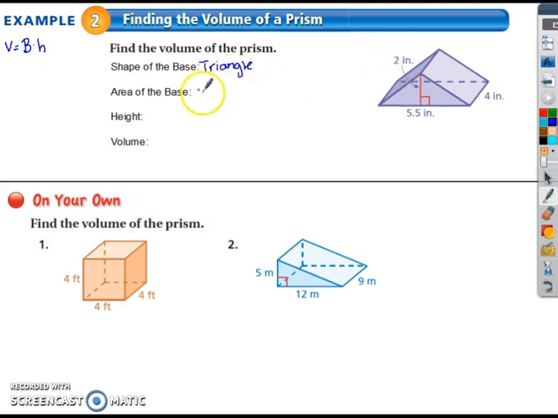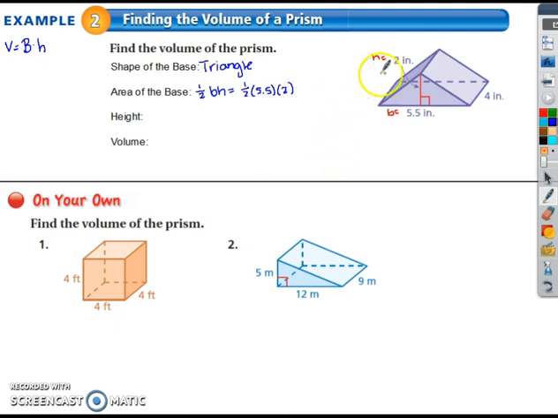Now the area of this base, area of a triangle, is 1/2 the base times the height. The base and the height of a triangle meet at a 90-degree angle. Here's my 90-degree angle. So that means the base and the height are going to be 5.5 and 2. So 1/2 of 5.5 times 2.